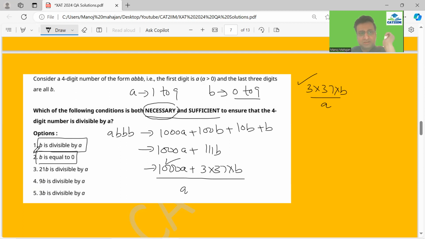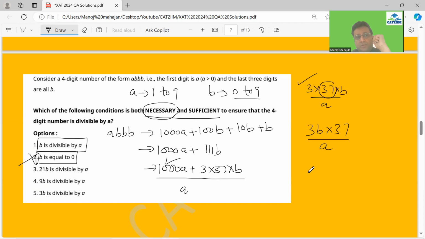So it is sufficient, but it is not necessary. So we can rule out this option. And look over here, we are more concerned about this 37. It has only two factors, 1 and the number 37 itself. So probably this 3B would come into the picture if I want this number to be divisible.